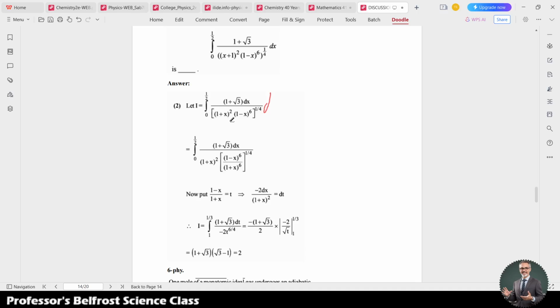Maybe you want to take this out, like this, and then you create the numerator in this form, in a ratio form. And you find out that actually 1 plus x raised to the power of minus 6, when we raise to the power of a quarter, makes it minus 3 halves.